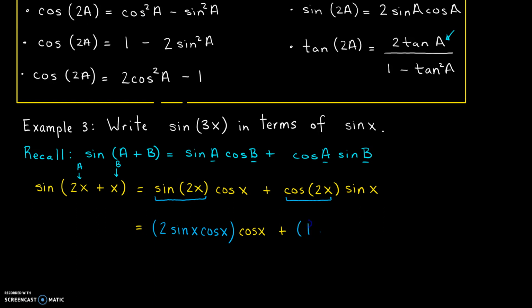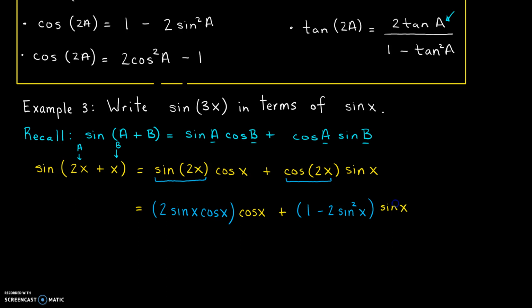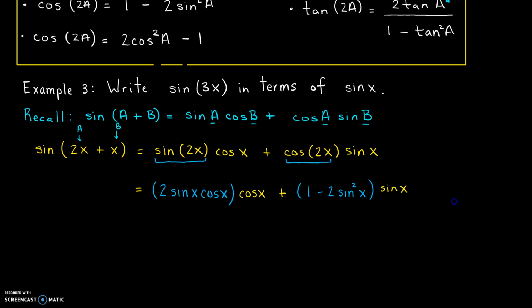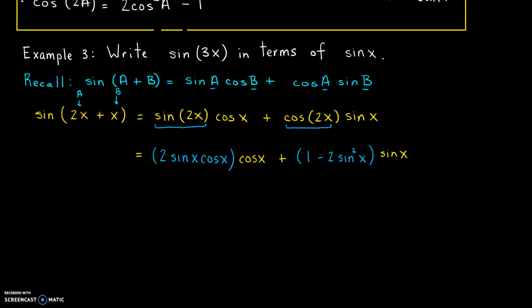This is going to be 1 minus 2 sine squared of x, and then I'm going to bring down this sine x here. So I've used my sum and difference identities at the very beginning, and now I'm using my double angle identities. Now I'm going to clean this up. In this first expression, we have 2 sine x cosine x times cosine x.